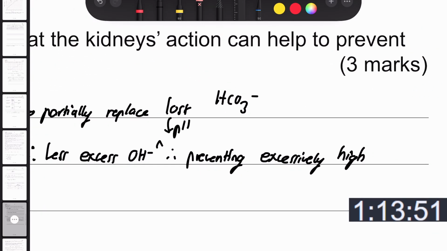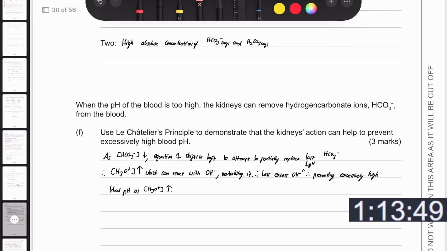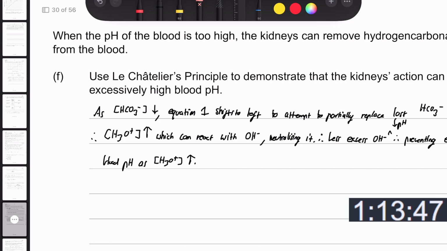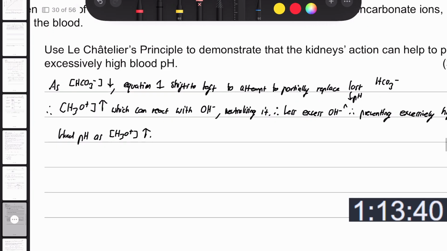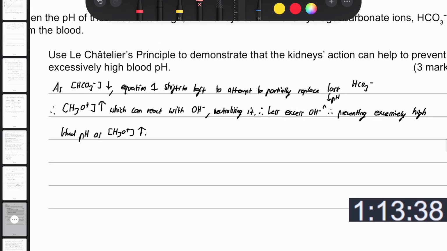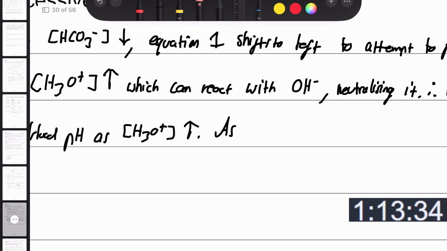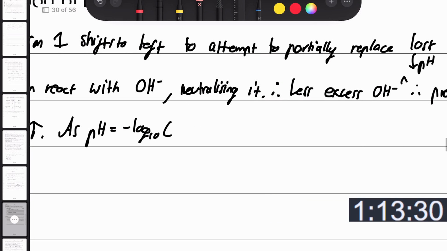So yeah, decrease pH. Preventing excessively high, as pH equals negative log 10 of H3O plus.